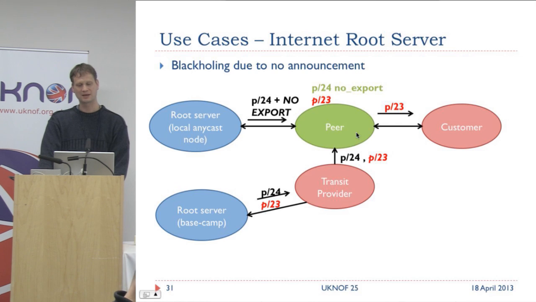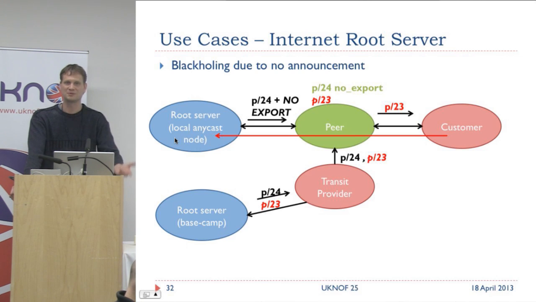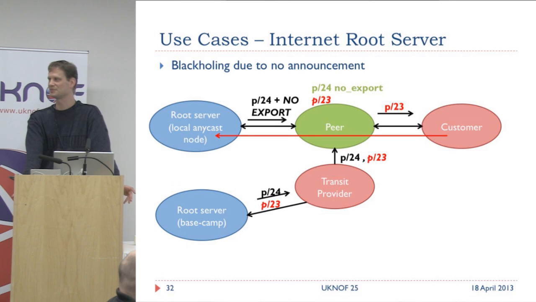It gets filtered by the no-export, but the /23 propagates through, and when the traffic from the customer is attracted by the /23, it reaches the peer, but then turns around and goes via the more specific to the right local root name server. So that is one of the use cases that we are currently looking at, of intentional limited visibility prefixes.